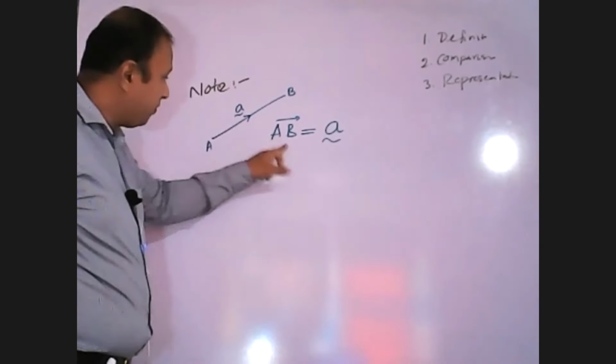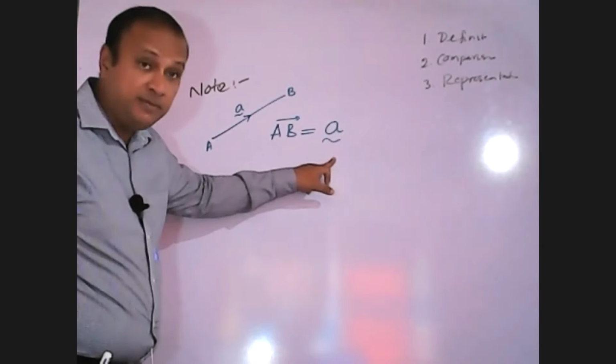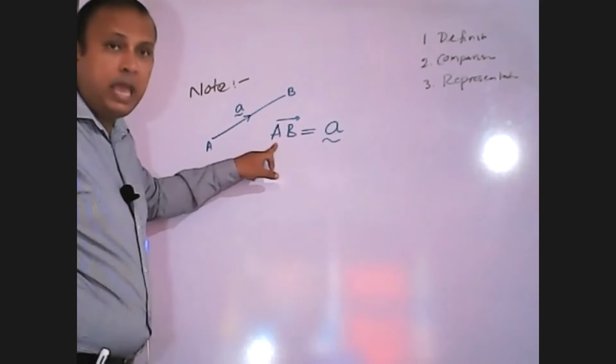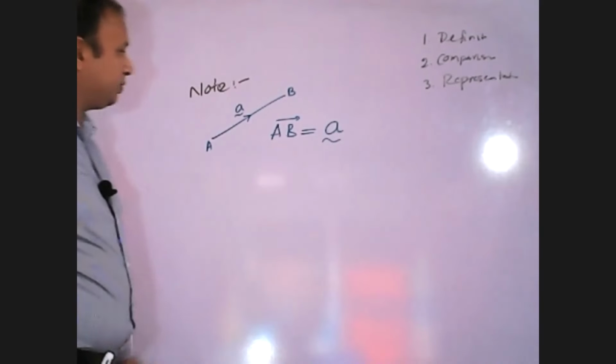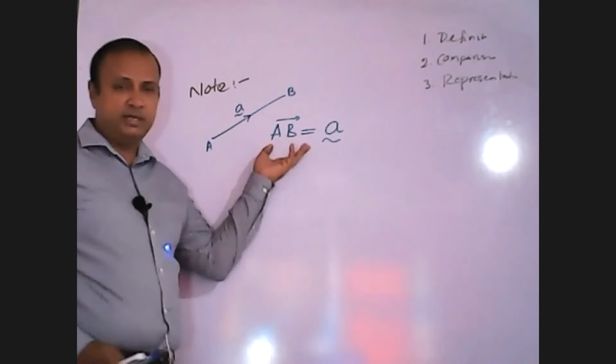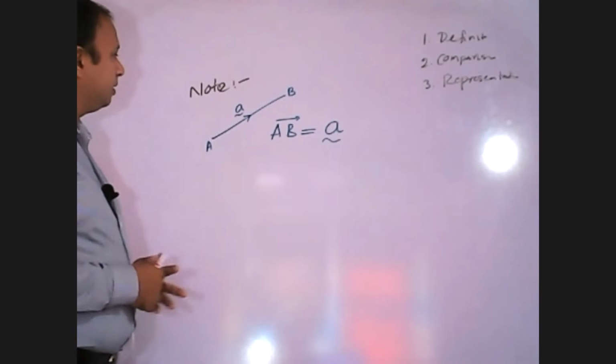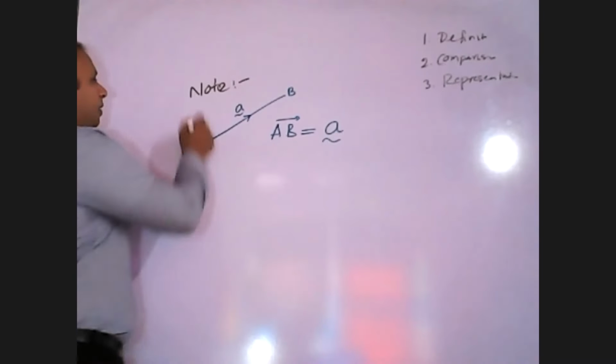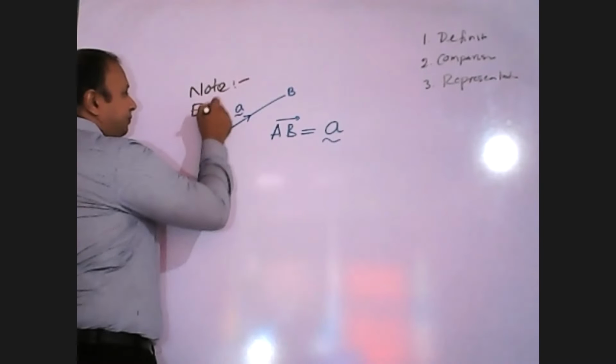First, we have to define what simple a is. Simple a is the vector AB. We have to do this kind of thing. You can write this as an example.